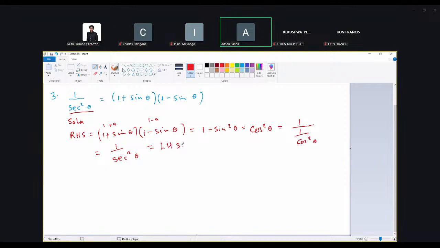Okay. So that's how you can go about it. But of course, you can also start from the left-hand side. So you can see, if you are starting from the left-hand side, then you can rewrite this term in that way.